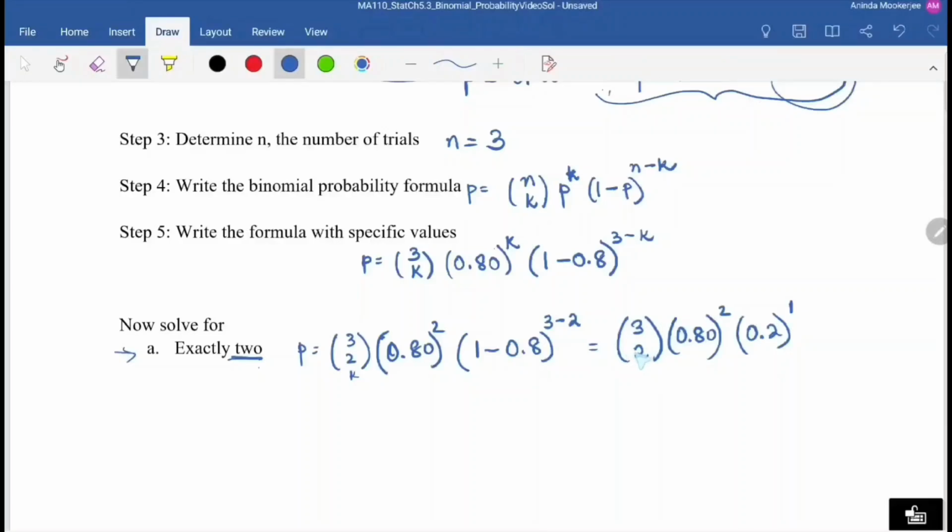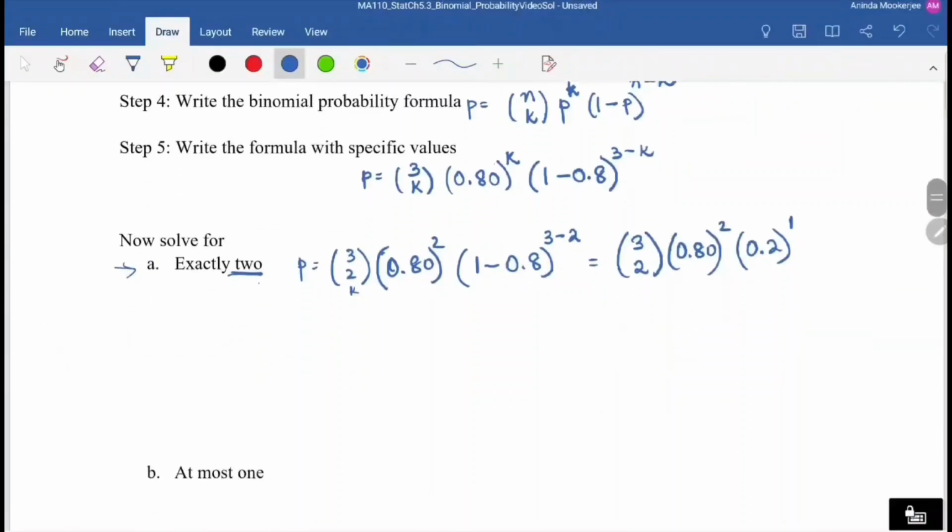So first we have to calculate 3 combination 2 using the binomial coefficient formula, and I'm going to work that on the side here. What was the binomial coefficient formula? It was n factorial divided by k factorial times n minus k factorial.